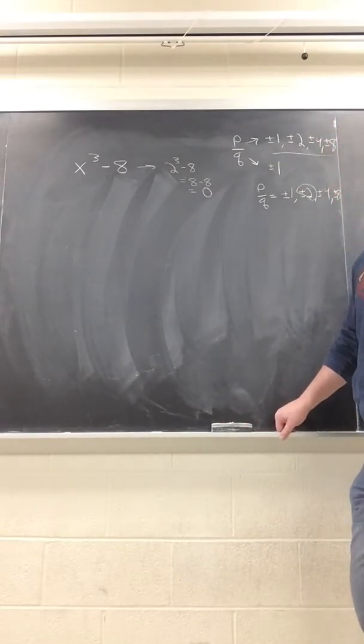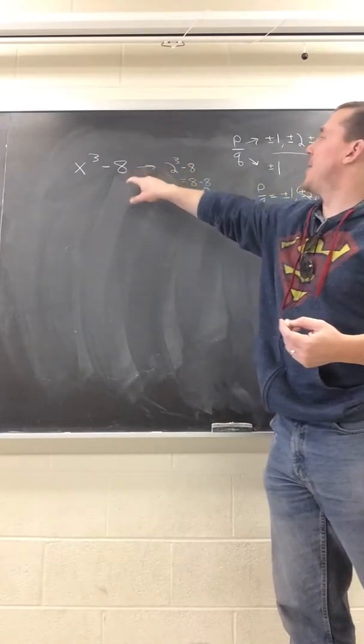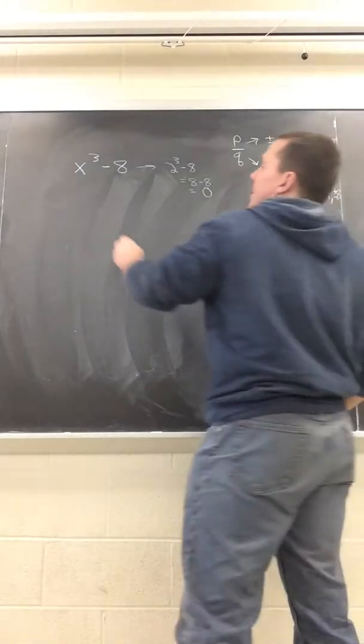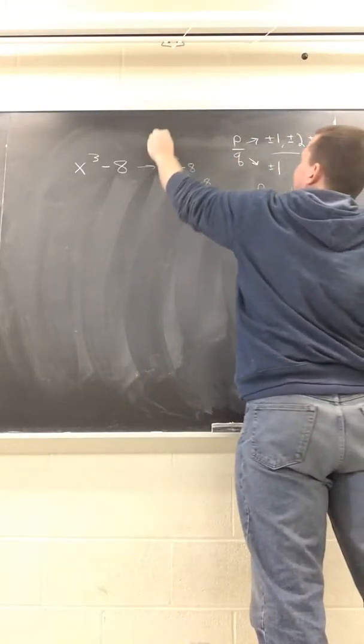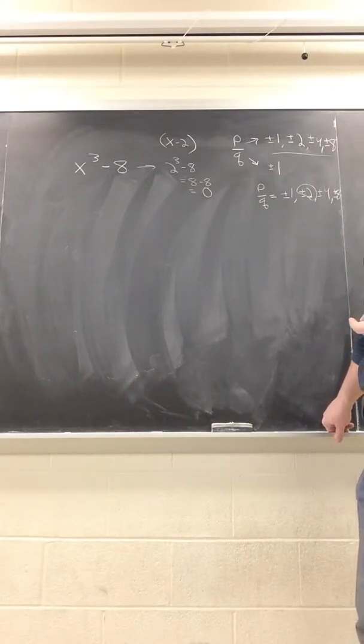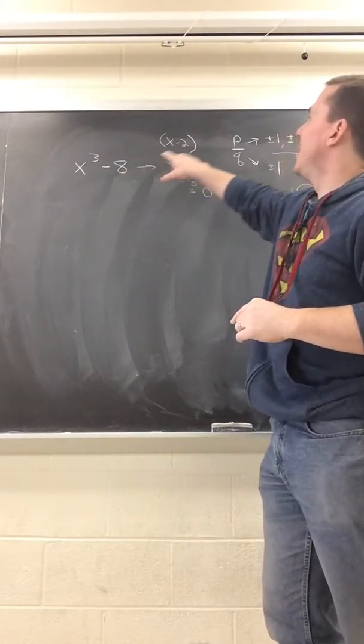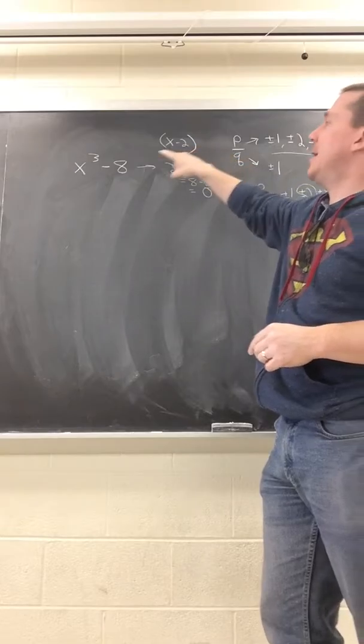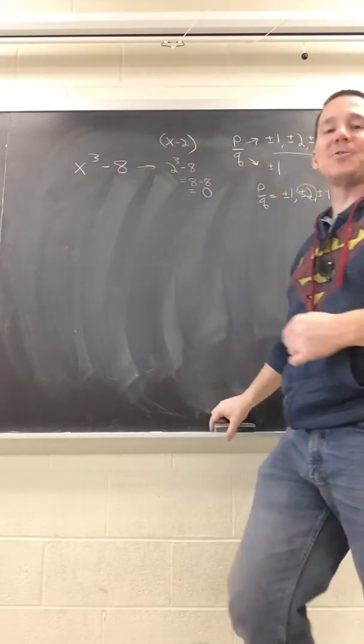Now what we do is we go back to what we did before, polynomial long division. If 2 is a root, then it's associated with the factor x minus 2. So I'll take this polynomial, I'll divide by this factor, and I'll turn my cubic into a quadratic.